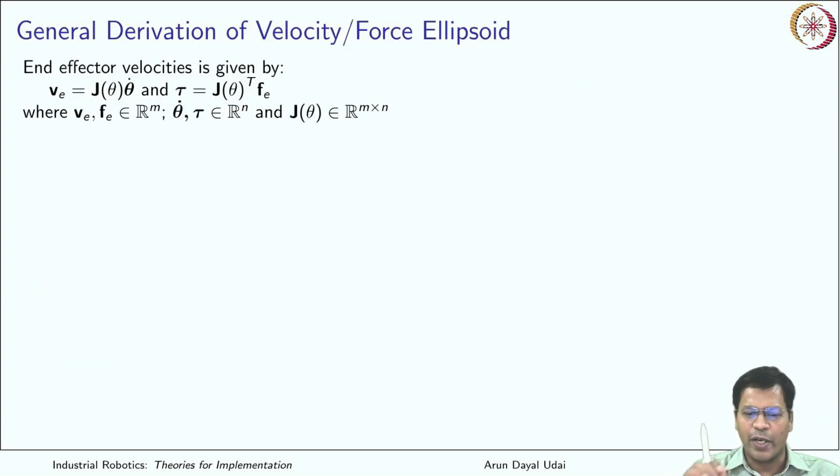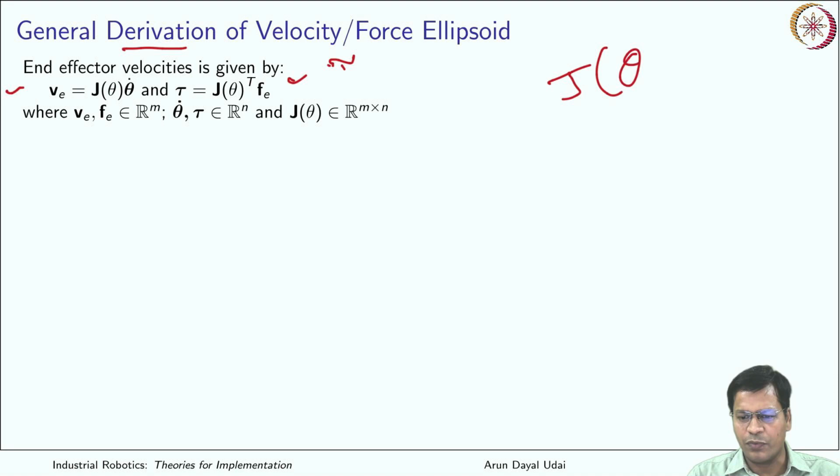Now let us move ahead and try to formulate it more mathematically. The end effector velocity, as well as the torque at the joints, are given by these two relations. What is J? J is a function of theta. It is known as the Jacobian. You know that already.